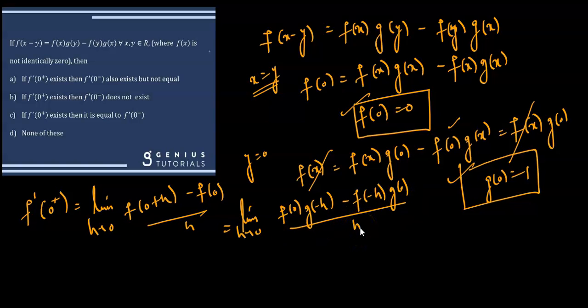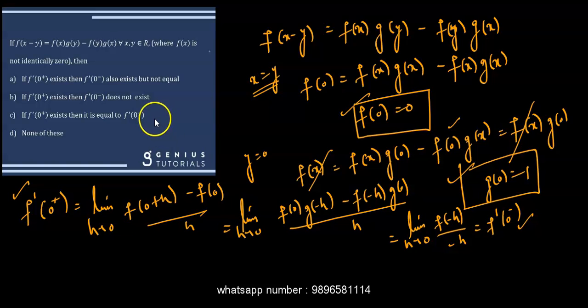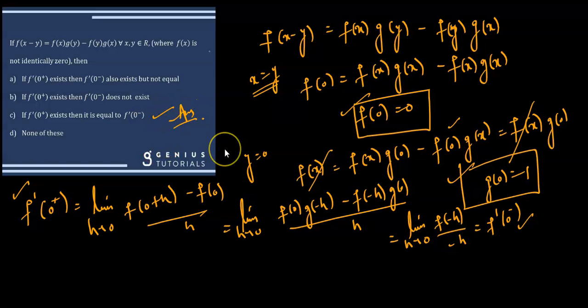Okay, and this is equal to the limit as h approaches 0 of f(minus h) divided by minus h, and this is nothing but f dash 0 minus. So that means we can say that f dash 0 plus is equal to f dash 0 minus. So we can say C is the correct answer to this question. Okay, C should be your correct answer.